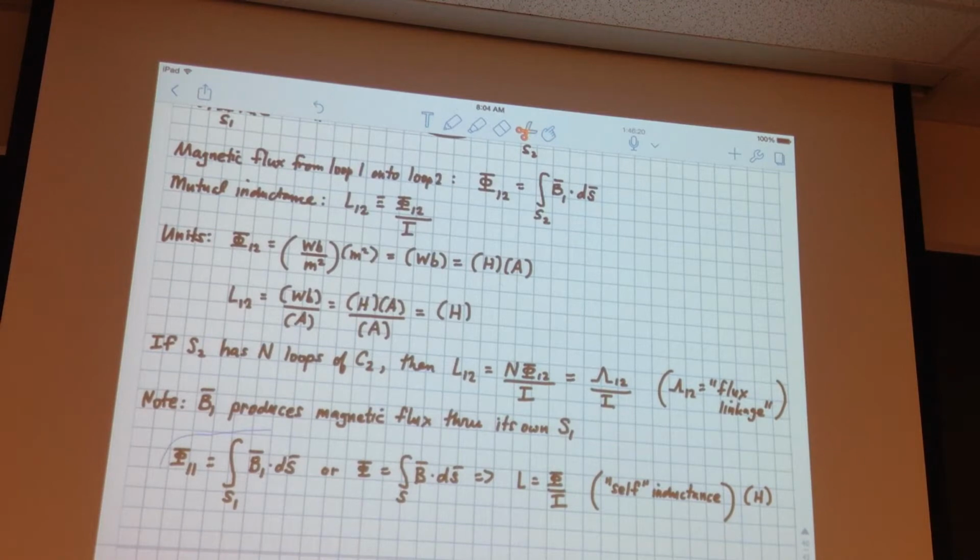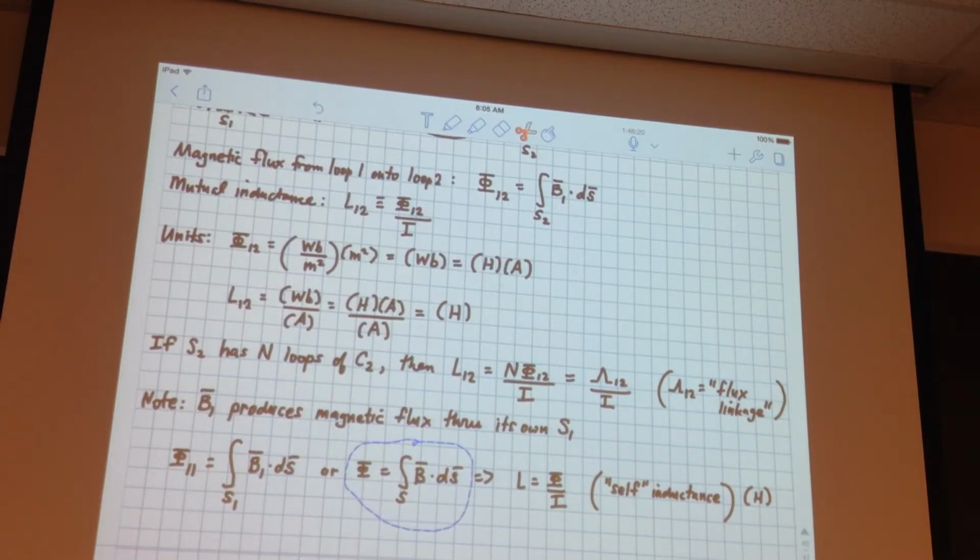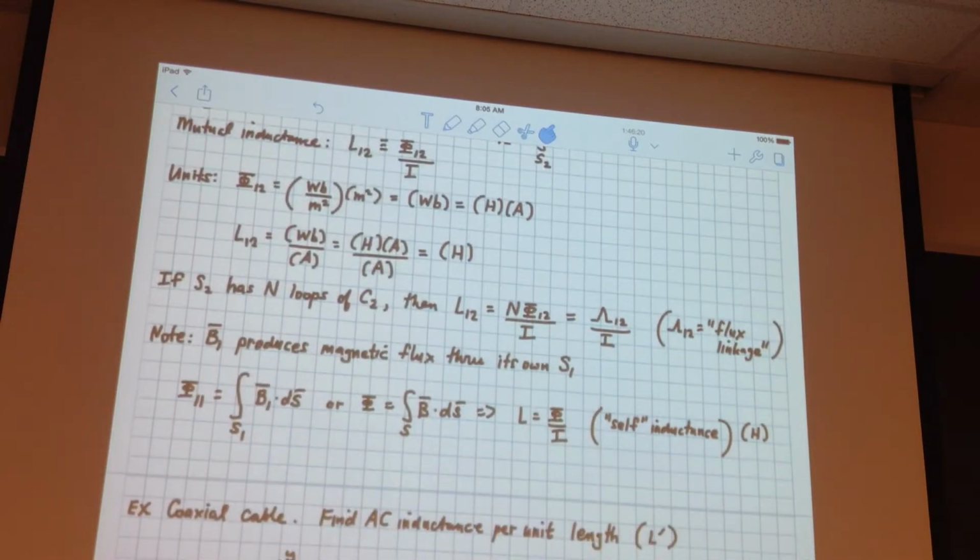Since we're just dealing with loop 1, you can drop all the subscripts, since you have the magnetic flux as the integral of B dot dS over the surface. So magnetic field fluxing through its own surface gives this idea of self-inductance, or just what we'd call inductance: flux per current.